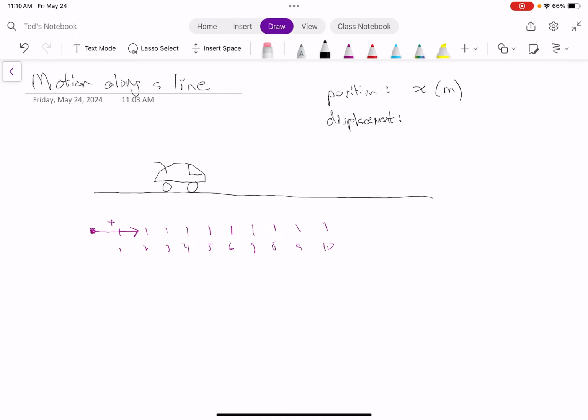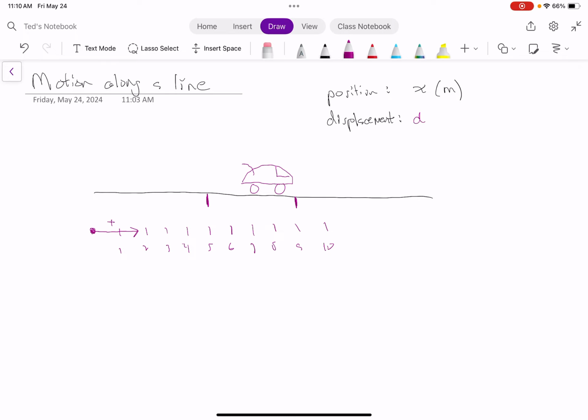Displacement is something that happens over a period of time. So we have a starting time and an ending time. If we have this object and it starts here at the 5-meter mark, and then it moves over here to the 9-meter mark, we can say that its position has changed, and therefore it has a displacement.